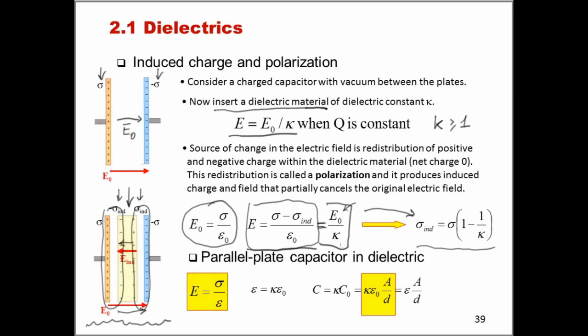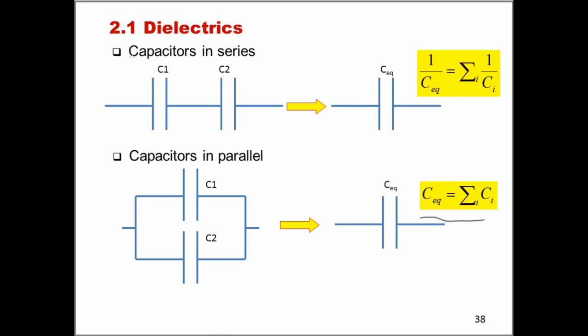Or we can use this relation to obtain this result here. So we said that E is equal to E0 over K, but we know that E0 is by definition sigma over epsilon 0.